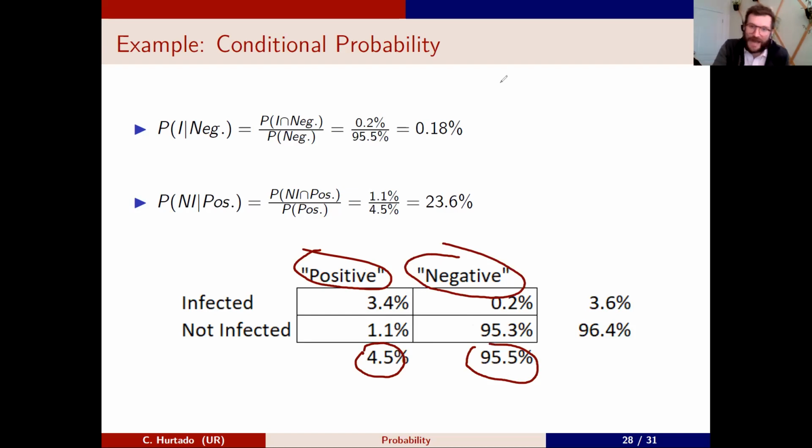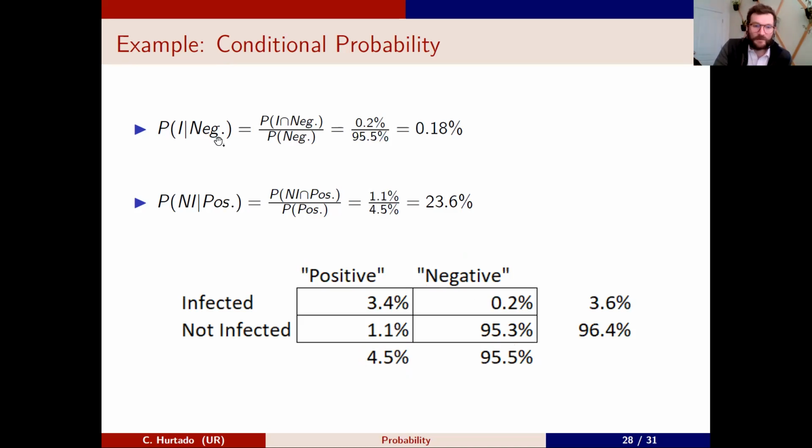And with this, now everything is relatively simple, because now I can compute any probability. Once I have this joint probability table, now the sky is the limit. Now I can compute anything that I want in terms of conditional probabilities.